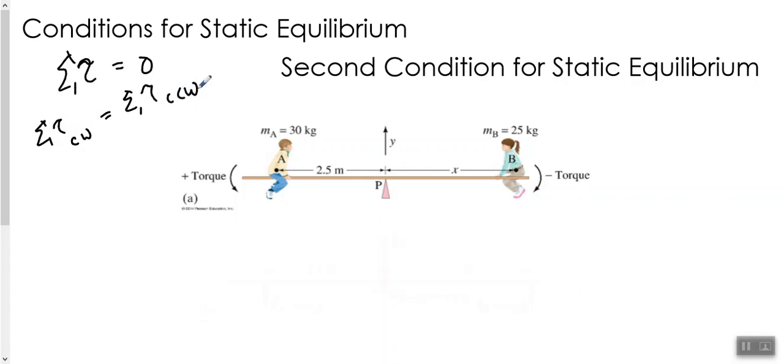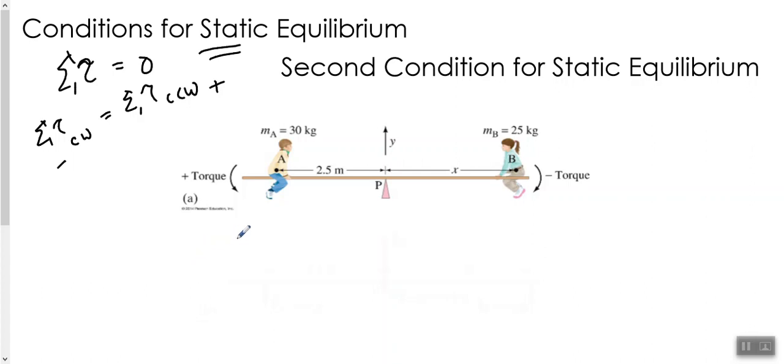So if we say that the counterclockwise direction is positive arbitrarily, and then we say that the clockwise direction is negative, and the sum of them would be equal, then the object will attain a static equilibrium.